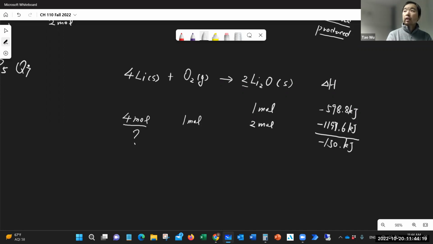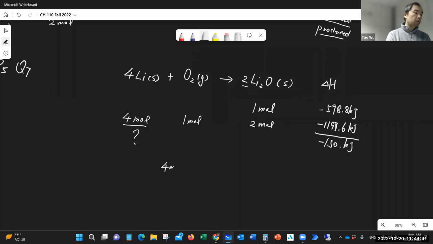The question gives negative 150 kilojoules of heat, and based on this ratio you figure out the question mark, which is how many moles of lithium can produce negative 150 kilojoules of heat, right?